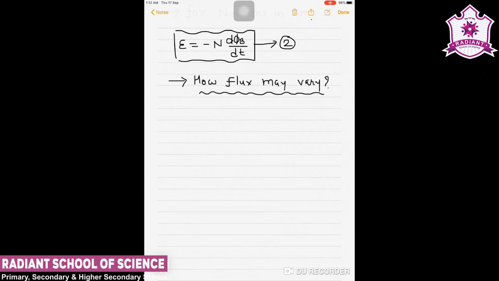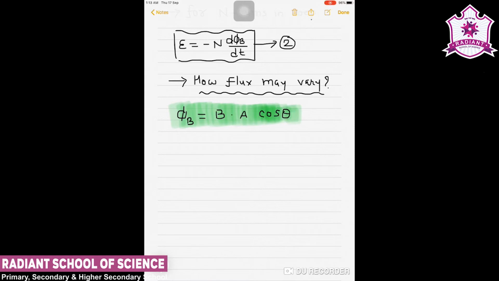So we have the equation of flux as phi B equals B A cos theta. Here we have different parameters, different quantities through which we can change the flux. Here phi B is the magnetic flux, and how do we change it?